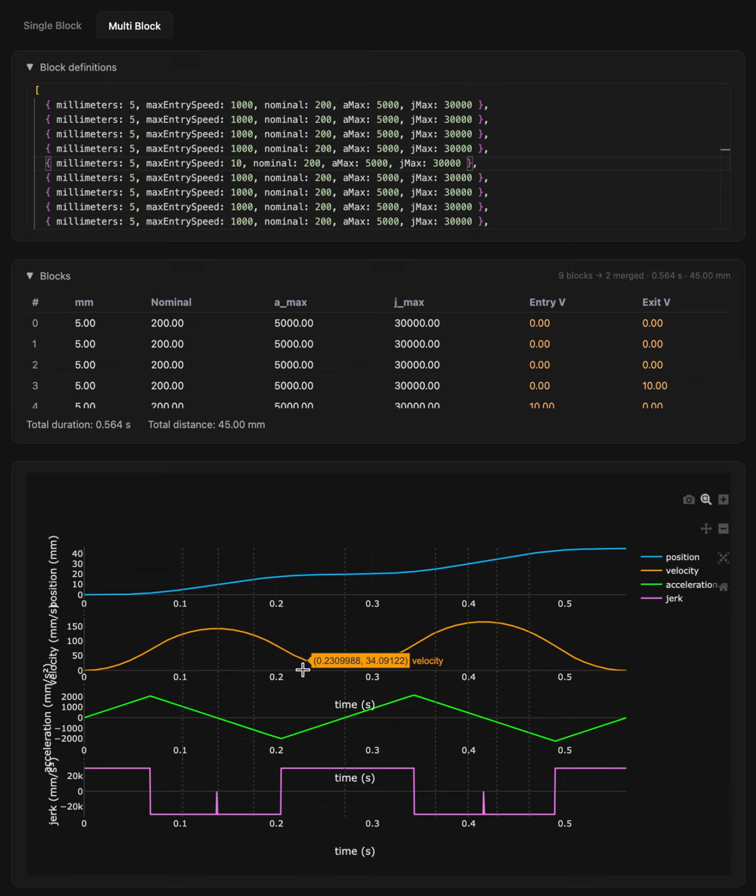It should still lead to good printing times and guarantee continuous acceleration.